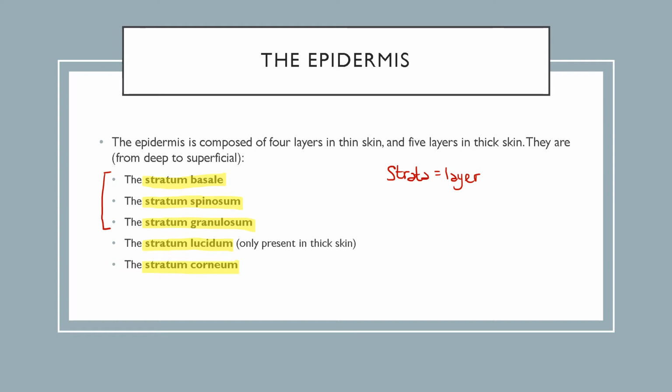And then we have a thick stratum corneum in this thick skin as well. So thick skin is made up of the 5 layers with a thick stratum corneum, whereas thin skin, pretty much everywhere else on the body where you're not going to have high friction, consists of just the stratum basale, stratum spinosum, stratum granulosum, and a thinner stratum corneum.